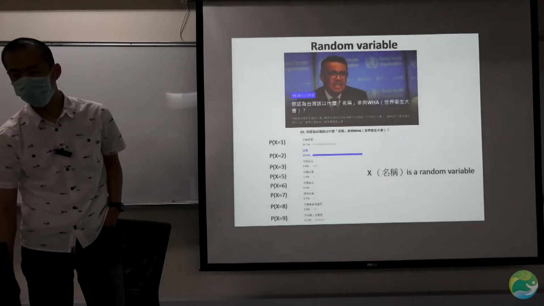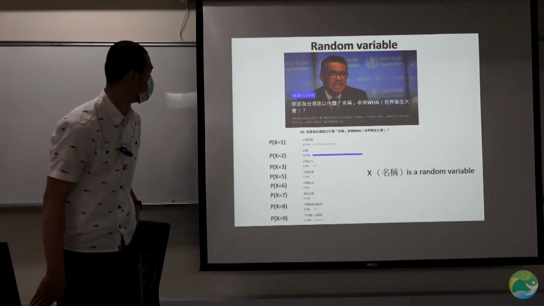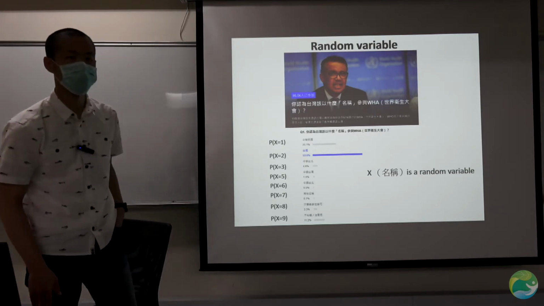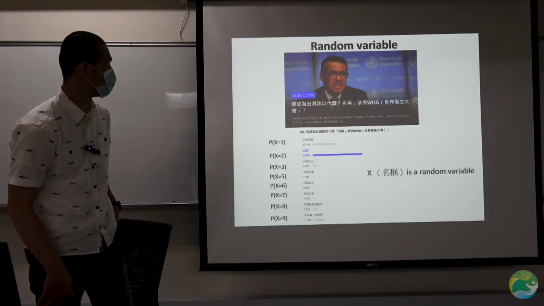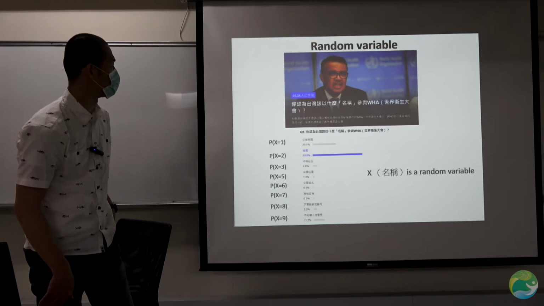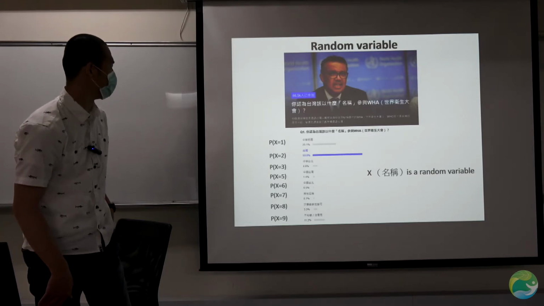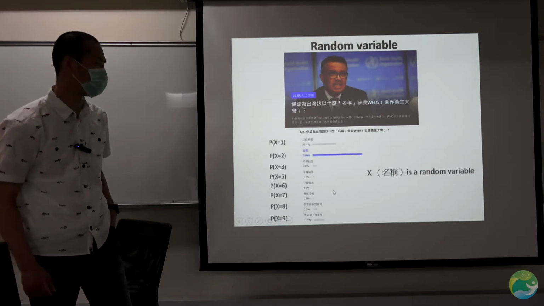Here is a very simple example of a random variable. Here is a question, and this question is a probability experiment: 你认为台湾该以什么名称参与 WHA? Here are the options, and here are the outcomes of this experimental test.